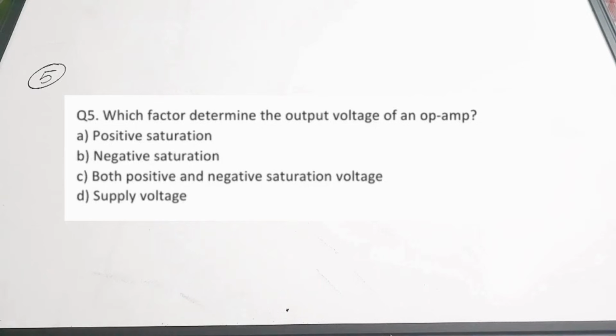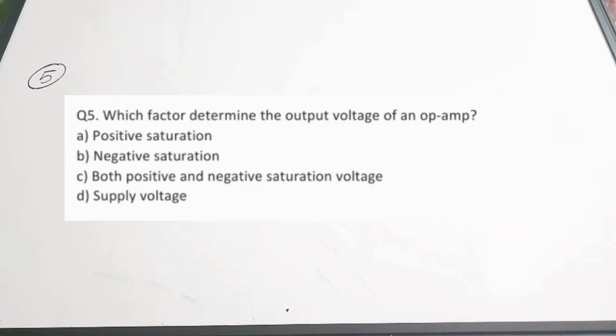The output is proportional to the input voltage only until it reaches a saturation voltage. So the output cannot exceed the positive saturation voltage and also the negative saturation voltage. Your output can be either positive or negative, but it cannot exceed these saturation voltages.